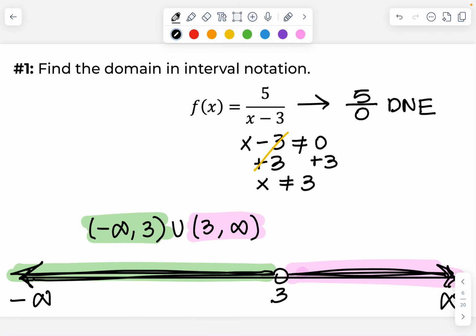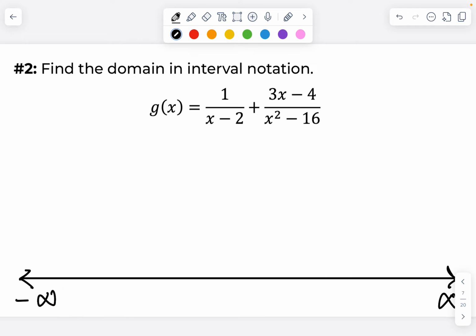Okay, let's look at another example. So this example has a little bit more going on with it. Notice it's got 2 fractions, and it also has some factoring. So we're bringing back all the stuff we know about factoring. Before we talk about the factoring, I'm going to look at this first one. Notice this denominator, we cannot have it equal 0.